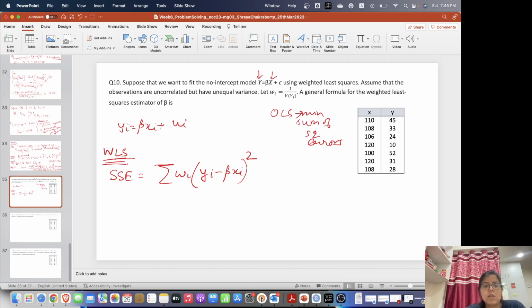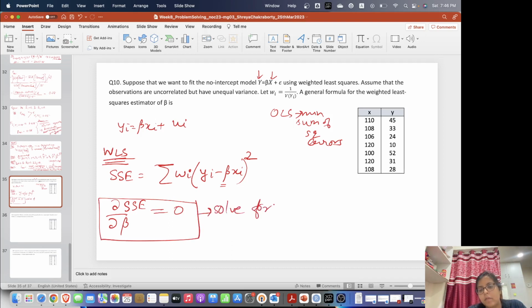In WLS we will just add a weight term over here, and then the procedure is similar. Here we have one unknown, so we'll differentiate this equation with respect to one unknown, then equate it to 0, and then solve for beta.